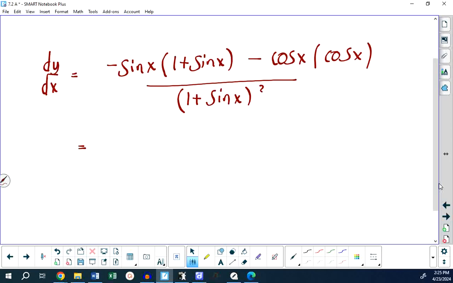Even if you do factor something out, whatever you have left, you multiply it out. So negative sine x times 1 is negative sine x. Negative sine x times sine x is negative sine squared x. And then we have minus cos squared x.